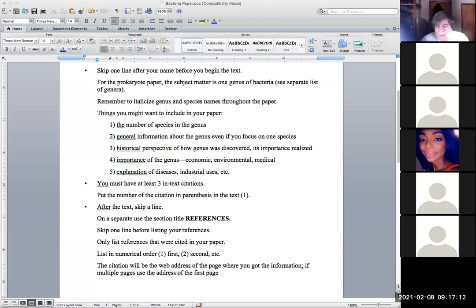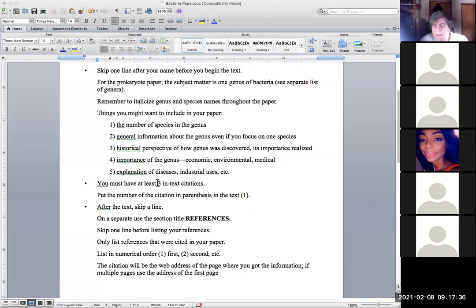Because one of the things I usually do is I have an English teacher who also reads these papers with me. And although they're better than they were when they first started doing this, they're not an expert. So think about the idea that you're writing this paper to explain it to someone who's educated, but not necessarily a biologist.